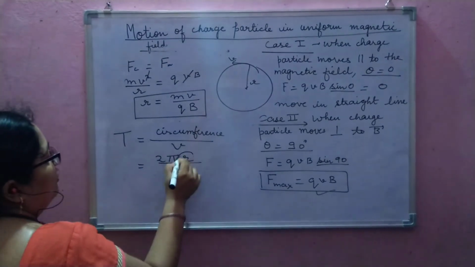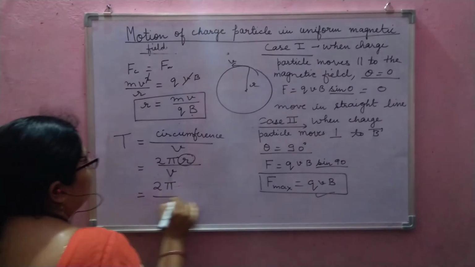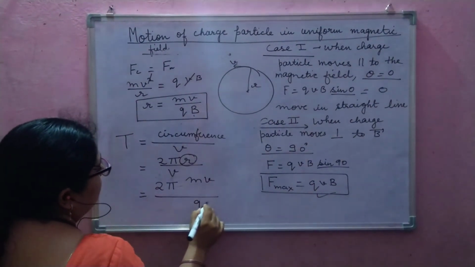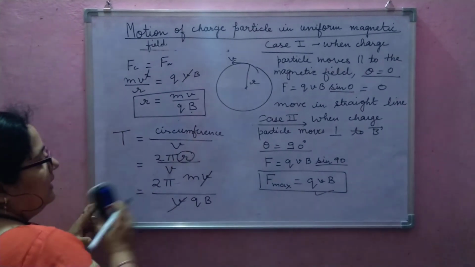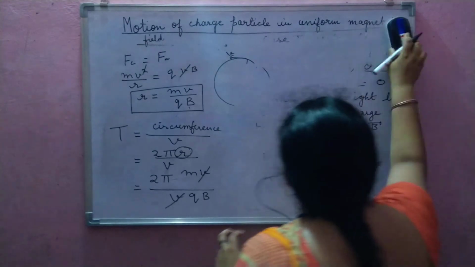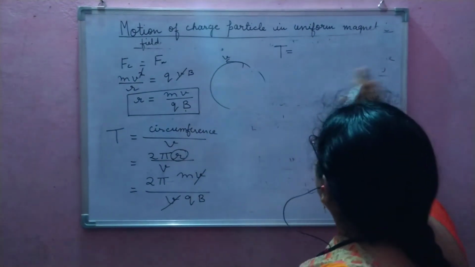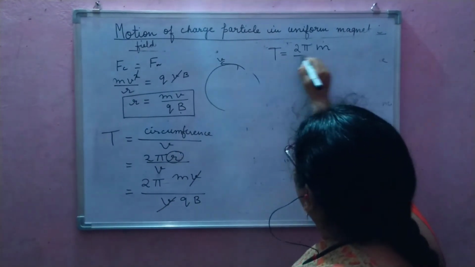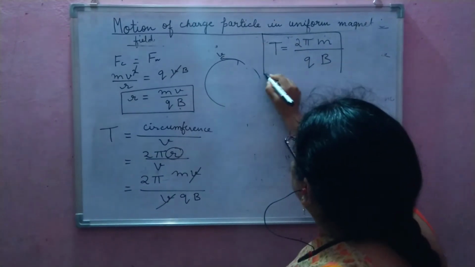Now we put the value of r from this equation, so we get 2 pi mv upon qB upon v. The v will cancel and we get the time period T equal to 2 pi m upon qB. This is the formula for the time period.